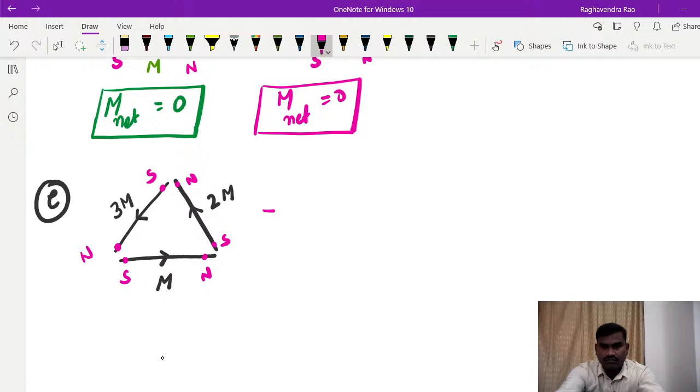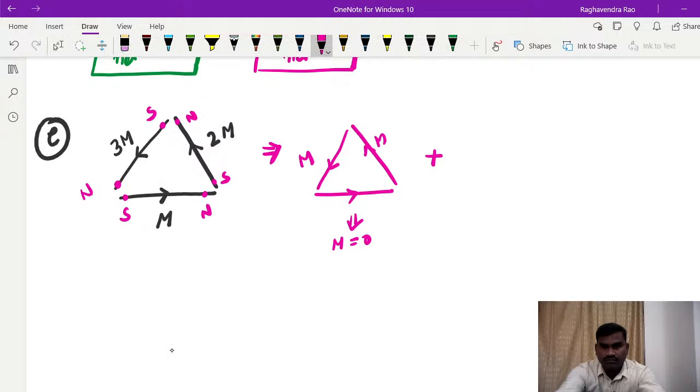Now we can take this as m, this as m, and this as m. So from this we have taken magnetic moment m, from this m, and from this m. That means 3m is the resultant of three identical bar magnets. Out of these three, we have placed one magnet like this and one magnet like this. Because of this part, the magnetic moment will be equal to 0, plus.